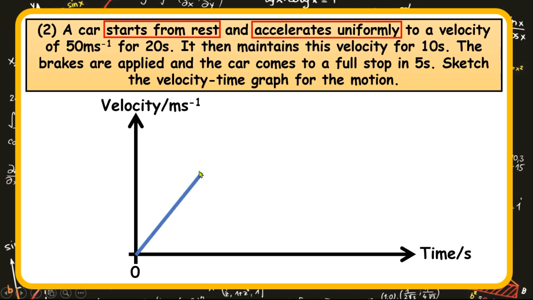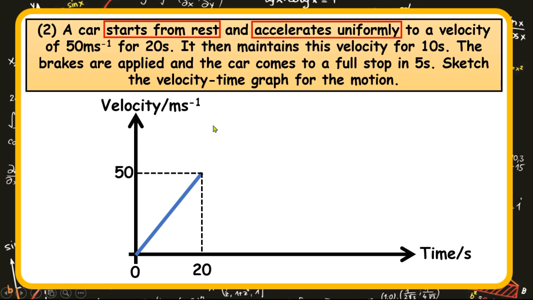At this point, we are told it stops at 50 meters per second on the velocity line. That is 50 projected onto the velocity line, and it took a time of 20 seconds, so on the timeline, projected downwards as 20 seconds. So that is how the first sentence has been sketched.